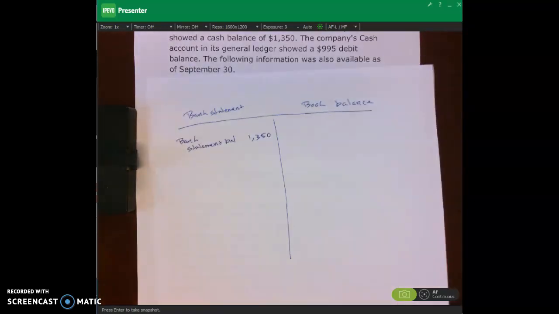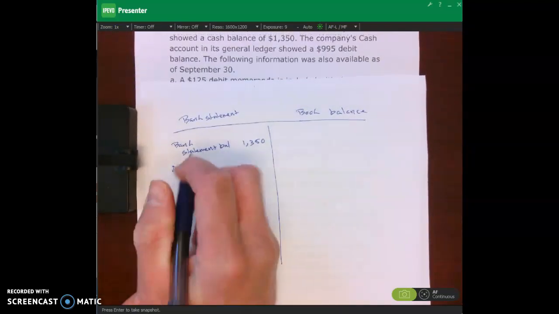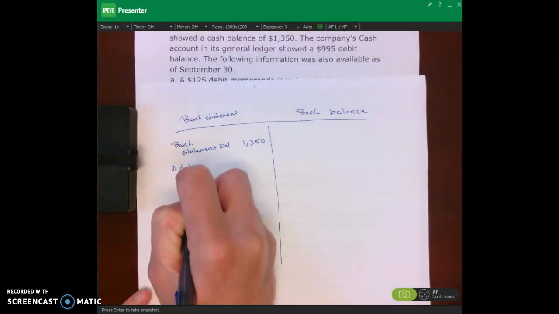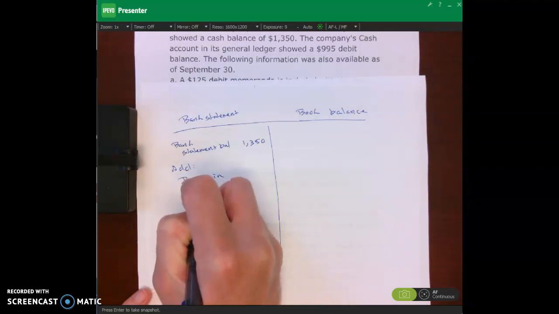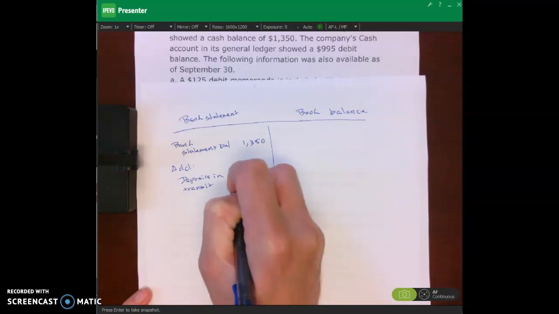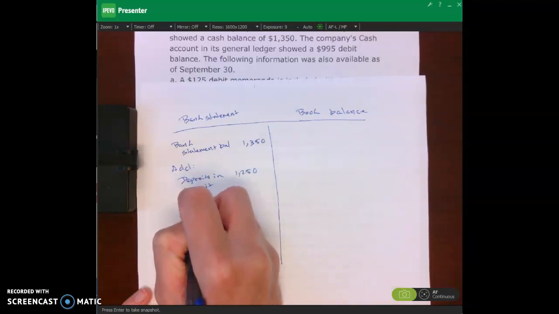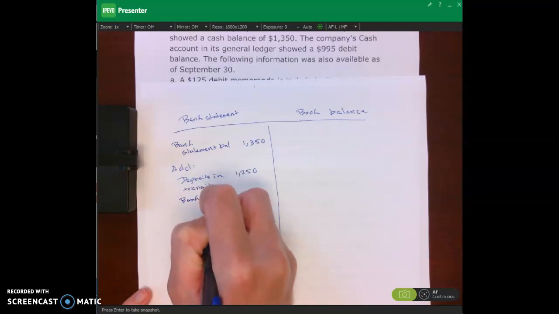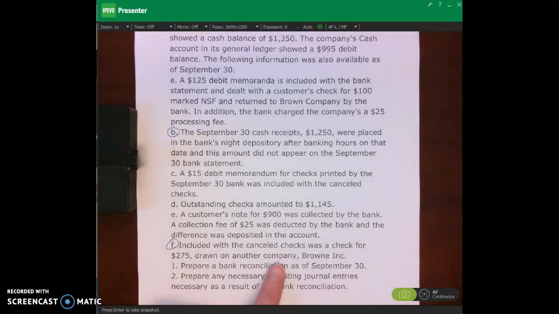So we come over here, we say add our deposits in transit, which we see as our $1,250, and then also our bank error, because remember, we're Brown Company without the E, and the check was drawn on another company, Brown. So the bank made an error.